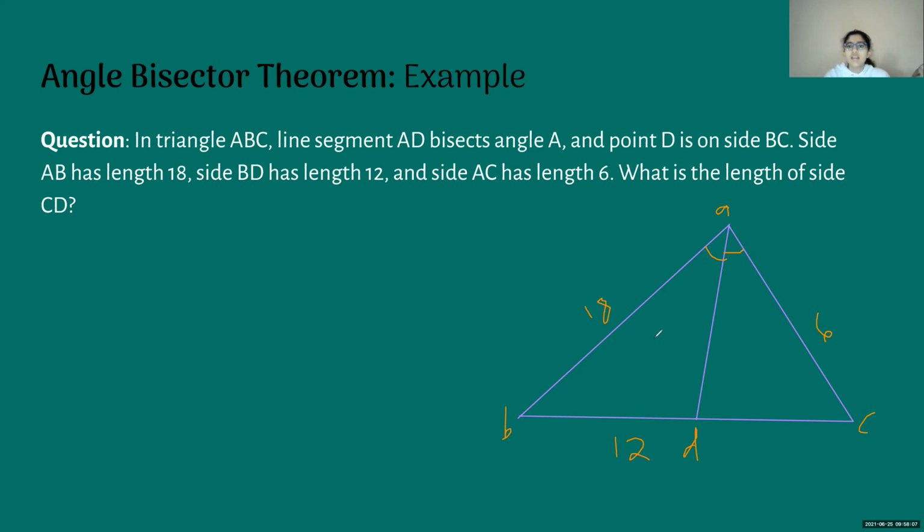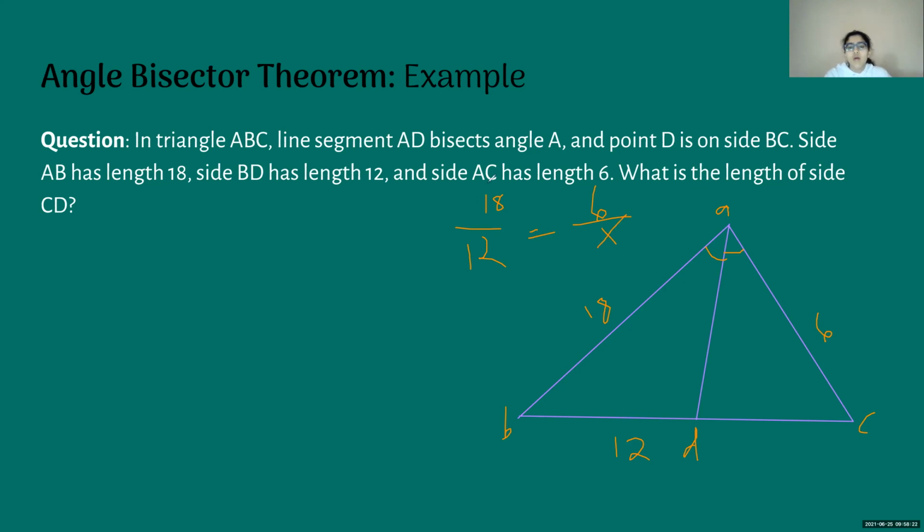So using the ratios from the angle bisector theorem, we get 18 over 12 is equal to 6 over, and then let's say CD is x, right?